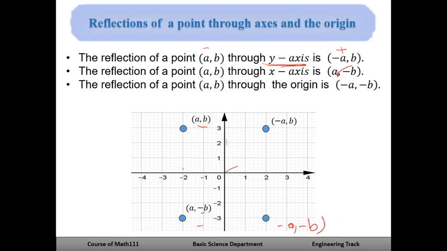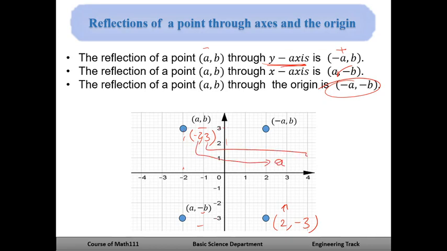You can check it. Look here, you have minus 2 and 3. What do we have here? 2 and minus 3. So you see here, if you apply the formula, this is A, let's say this is B. What is minus A? It's minus 2, which is plus 2.